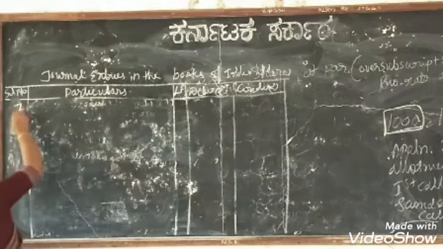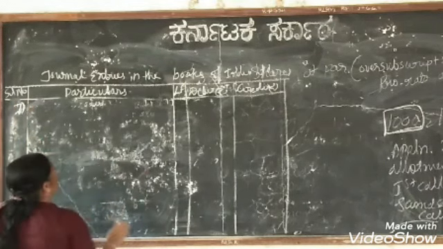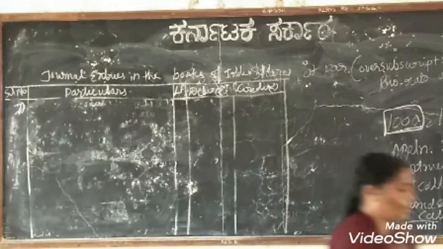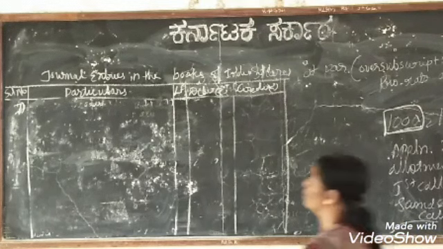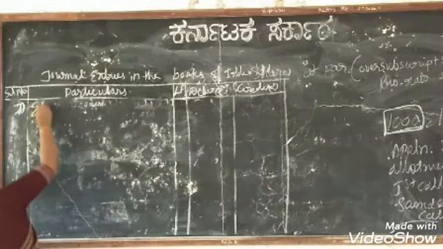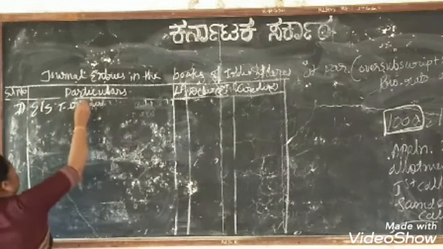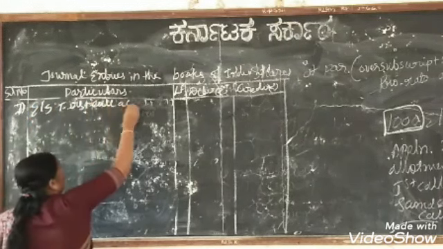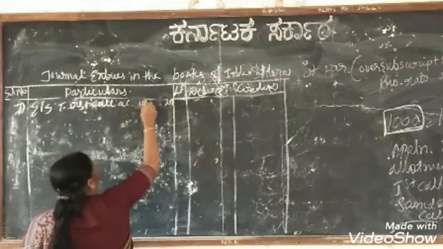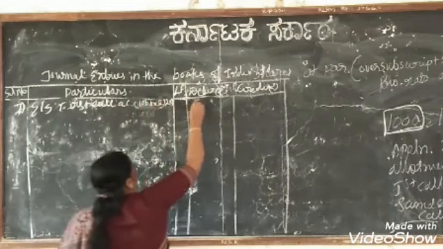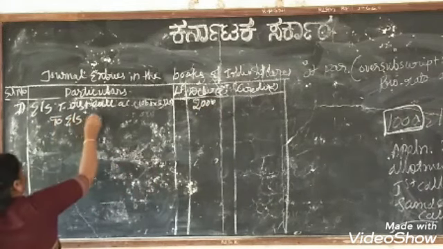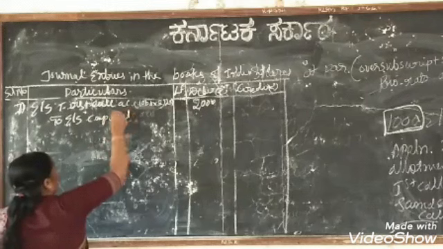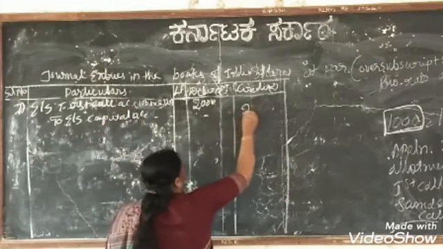This is the seventh entry. So first call is how much here? For how many shares is the first call? It is for 1,000 shares only. Equity share first call account debit, 1,000 into 2, it comes to 2,000, to equity share capital account, 2,000.